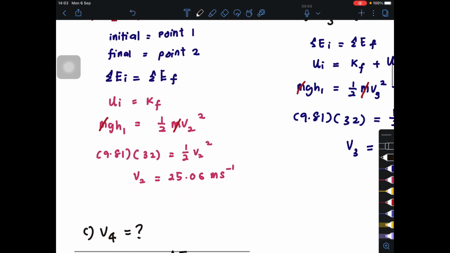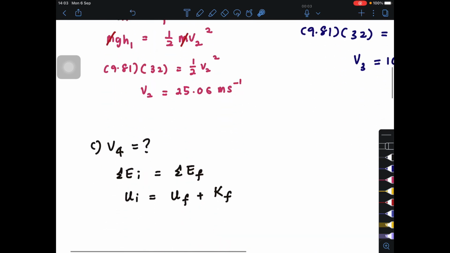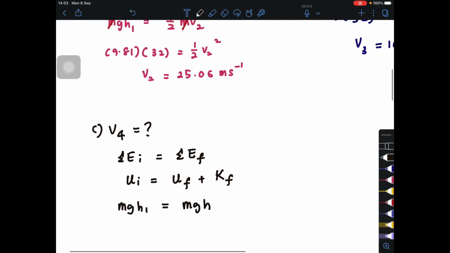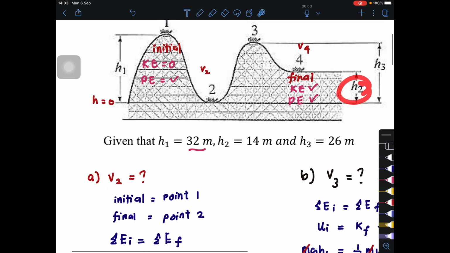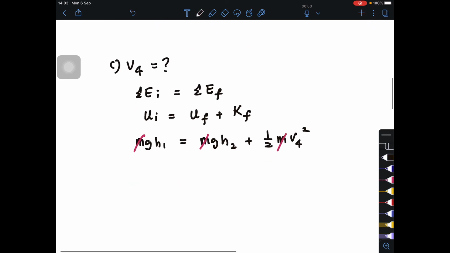Okay, so again initial here h1, mgh1, so this one, mgh2 here, this one, plus half mv4 square. So this one just cancel them and then substitute the values.